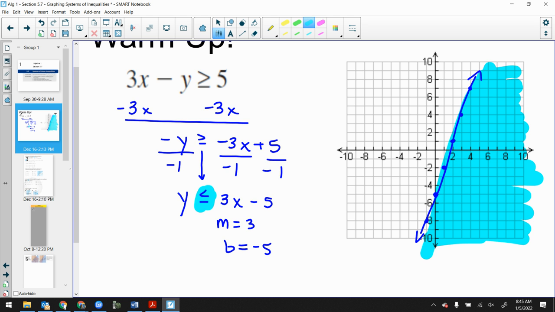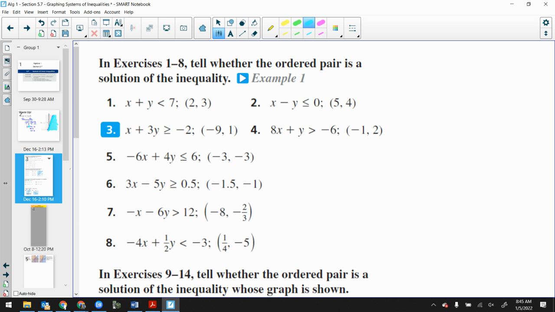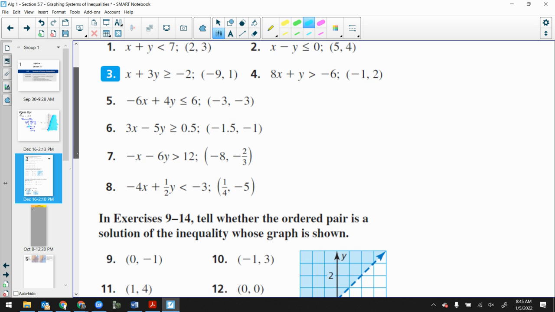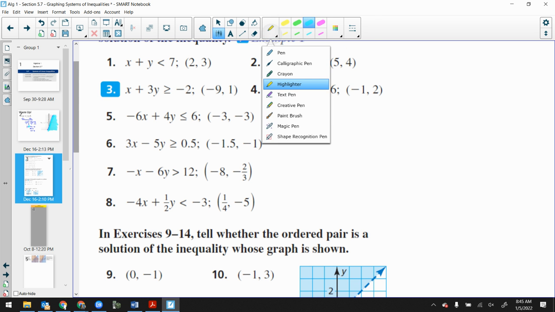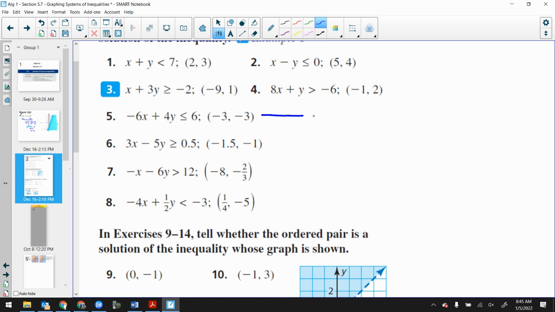Okay. What questions on the homework do we have? I'd like to go over one of the graphing ones, but I'll take any questions that you may have. Noah? Number 5. So let's take a look here at number 5. Remember that this is basically a yes or no question, right? Either it is or is not a solution. Let's plug in negative 3, negative 3.